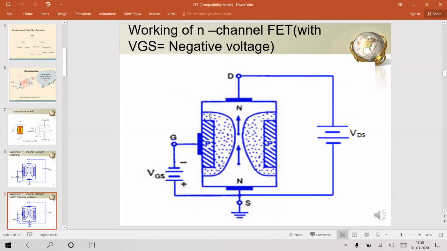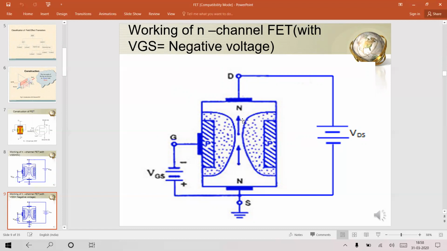With 0 we saw one case. With a negative voltage, when VGS is negative, the depletion region, what we call the barrier, is extending. So the path width is reduced. Earlier the path for the current flow was more.